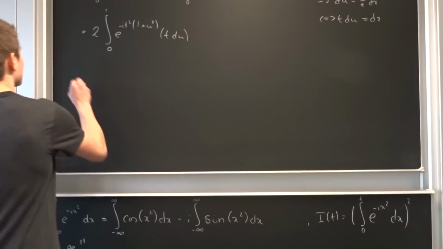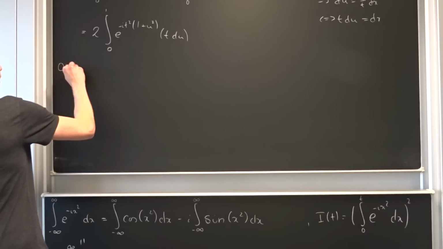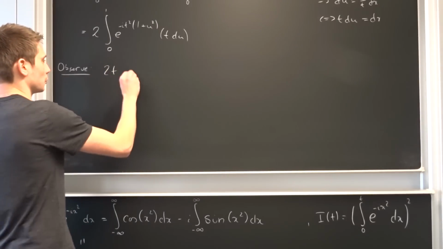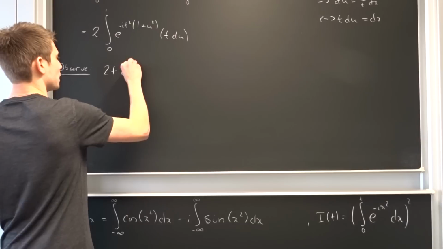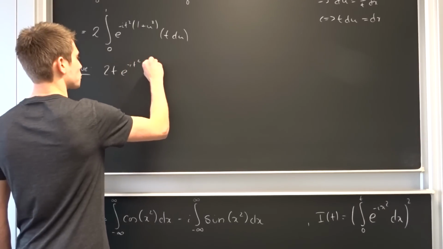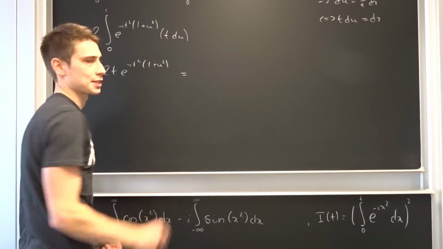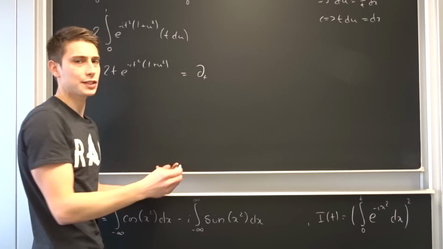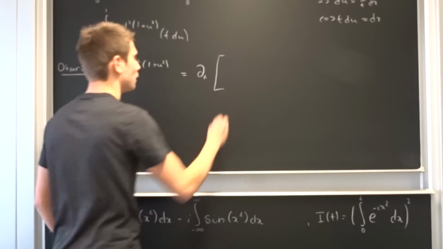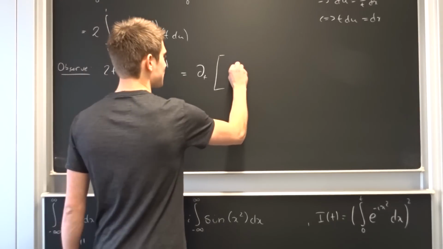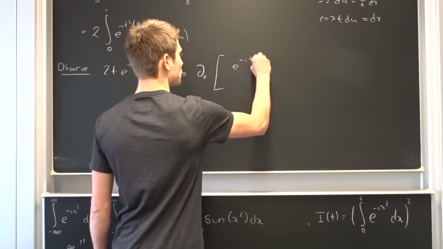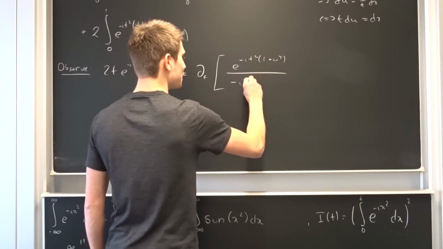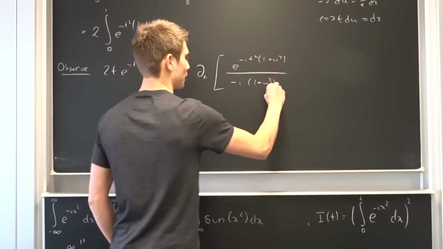Okay, so let's observe something. So we are going to observe the following, that 2 times t times e to the minus it squared times 1 plus u squared equals something. So we can make this equal to the partial derivative in terms of t of e to the minus it squared times 1 plus u squared over minus I times 1 plus u squared.